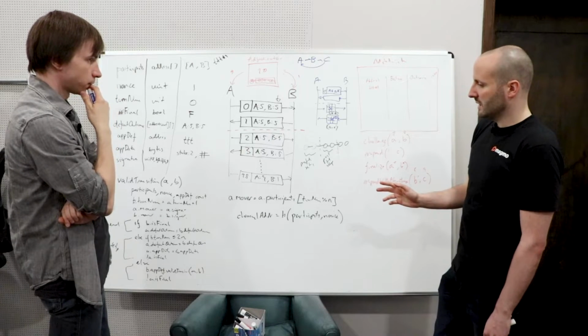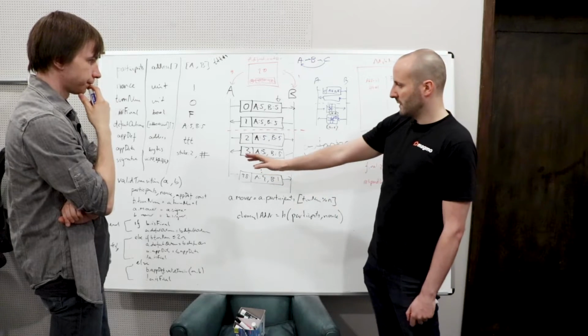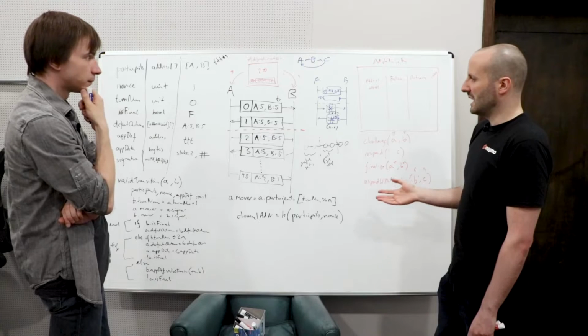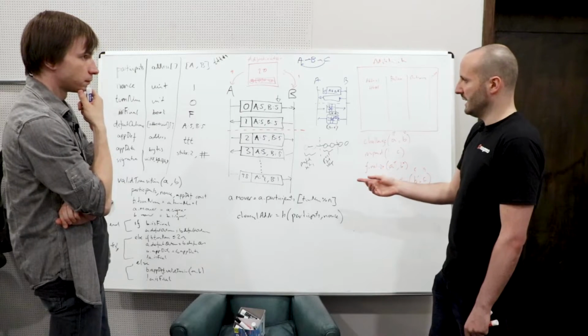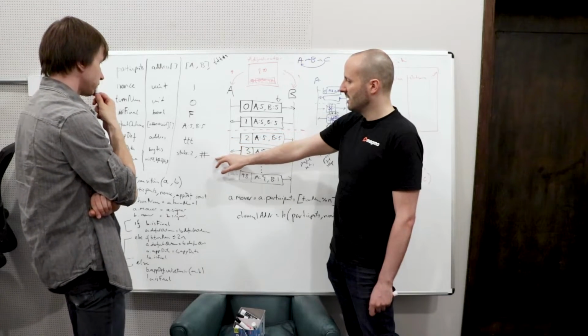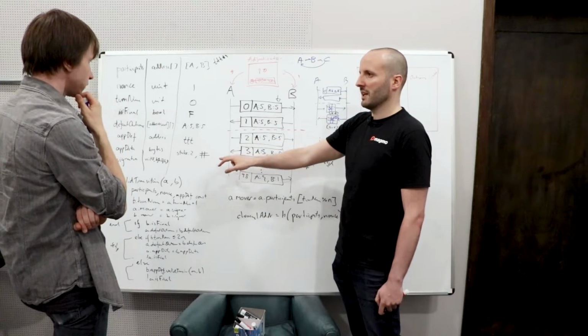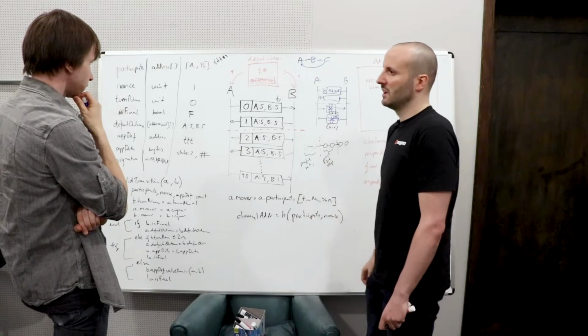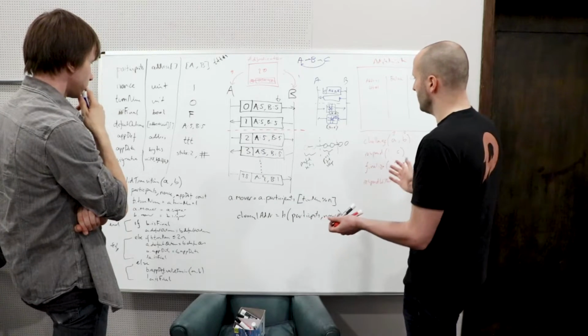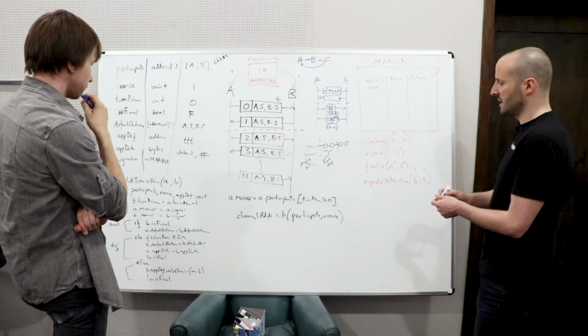Okay, I feel like we've covered most of the valid transition stuff. I don't know if it's useful to actually think about tic-tac-toe. If you think about what the rules are for something like tic-tac-toe, you can kind of figure it out. Maybe I should draw this.